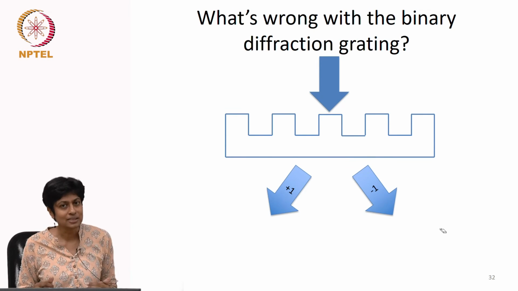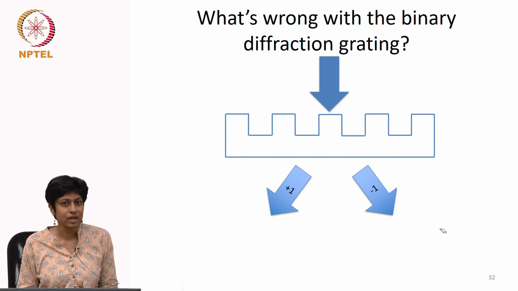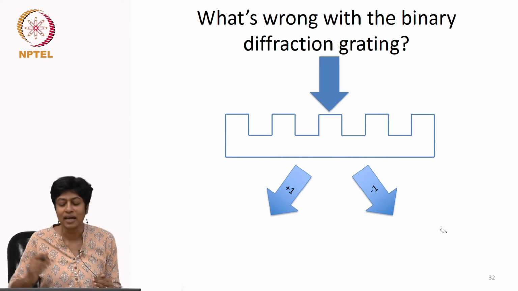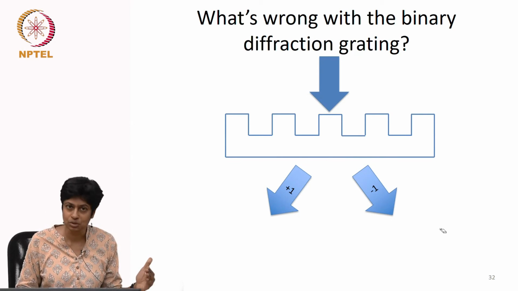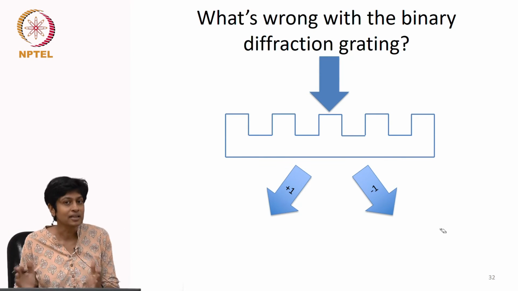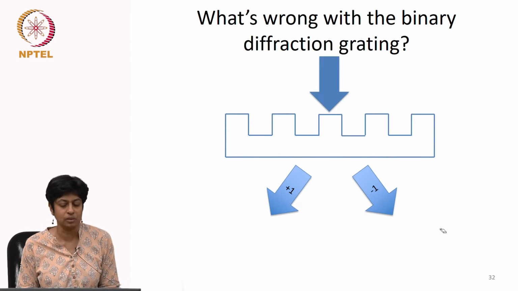So when light is incident, if my goal was to redirect light with the diffraction grating, I always send light into a +1 and a -1 order, or to a +2 and a -2, +3 and a -3. I can't get away from that, and as I pointed out earlier, it is because of the symmetric nature of this particular structure.